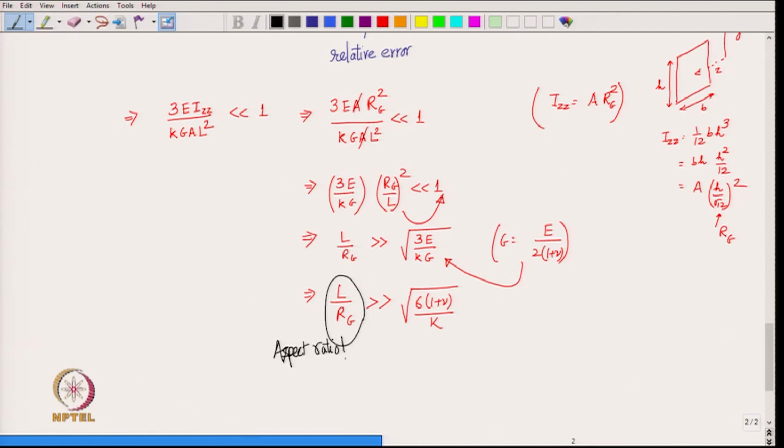Whereas on the right hand side we have the material property nu. Of course, we also have the correction factor k. So, k is a geometric property because it depends on the shape of the cross section, and nu is the material property.